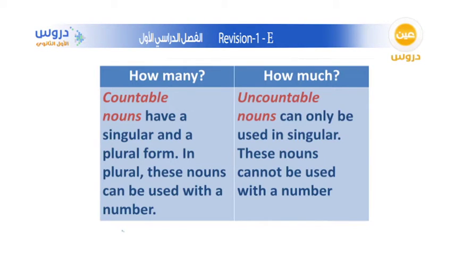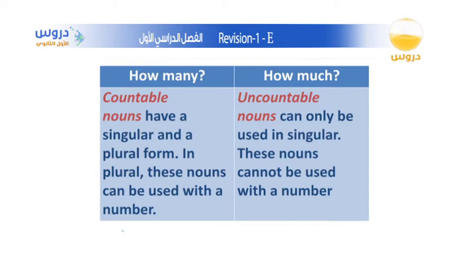For example, we've got 4 friends. You have to use a few because it's countable. A few friends. Whereas money, which is uncountable, use a little. All right? A little money. So you can use a few with countable nouns and a little with uncountable nouns.